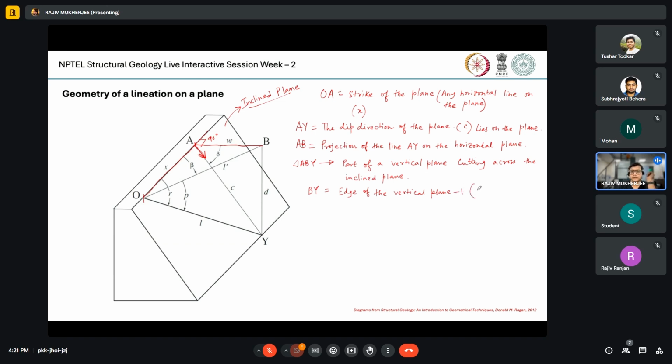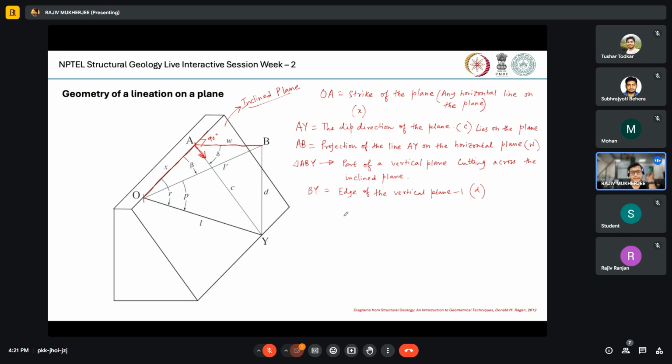And we have also assigned a magnitude, that is D. All right, now we have completed all the components of this ABY triangle. Okay, so the length of AB has been assigned as W. So we have completed the triangle ABY.